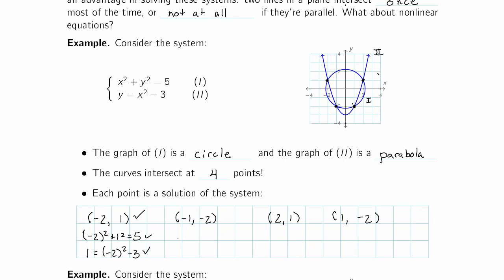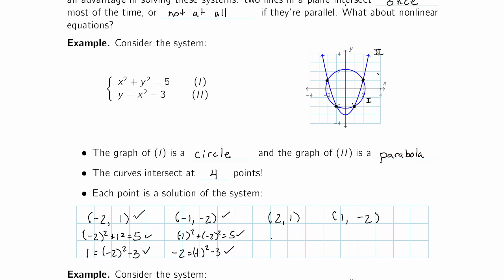For the second point, in equation 1 we have (-1) squared plus (-2) squared equals 5. Again, that's true. And in equation 2 we have -2 equals (-1) squared minus 3. That's also true. That's really a solution to the system.